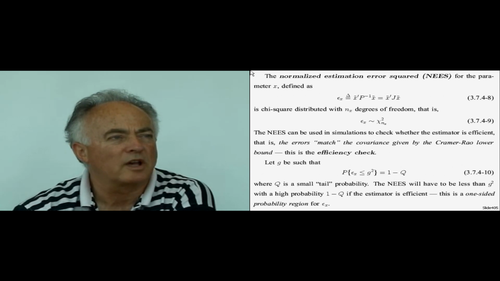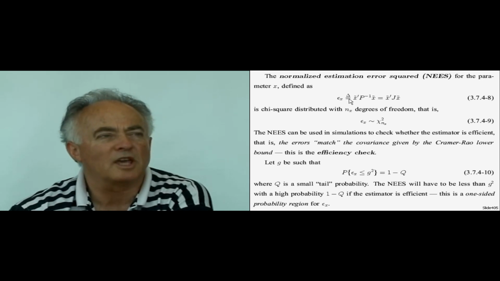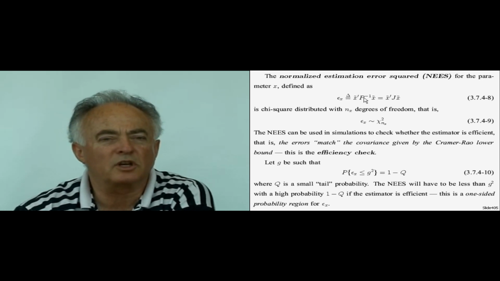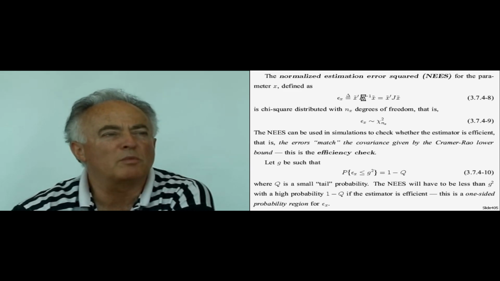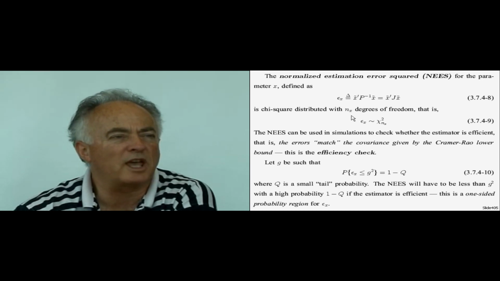Now, if the errors are Gaussian or approximately Gaussian, and we have from the CRLB the covariance, and we assume efficiency, the expression x tilde prime P inverse x tilde, which is the same as x tilde prime J x tilde, would be chi-square distributed with nx degrees of freedom.